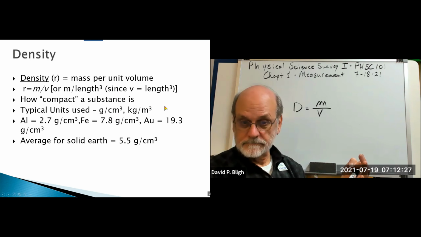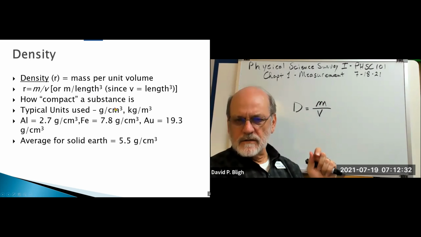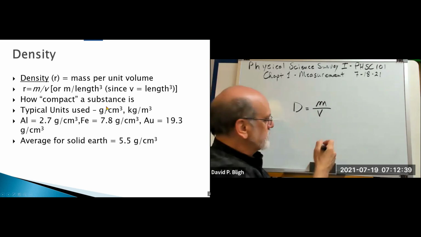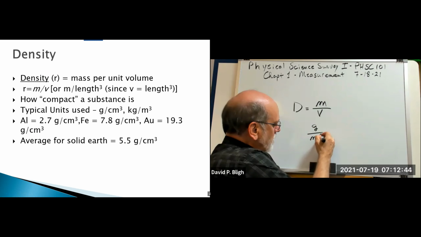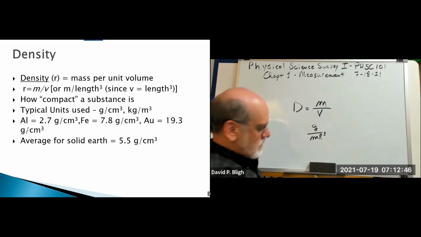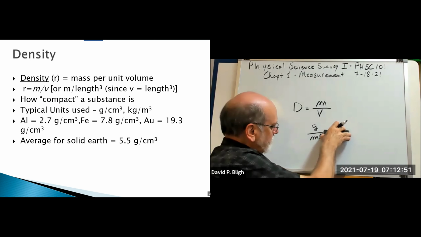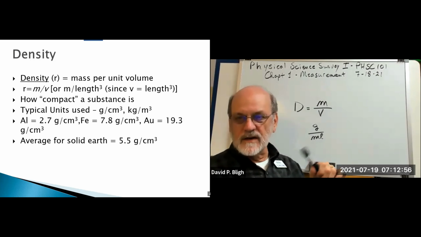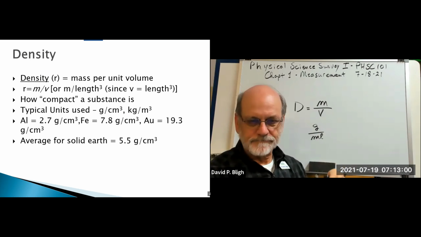Another one, and this is typically the density unit for solids, whereas for gases and liquids we generally have grams per milliliter, because a cubic centimeter and a milliliter are equivalent. So the number won't change, but we use different units.